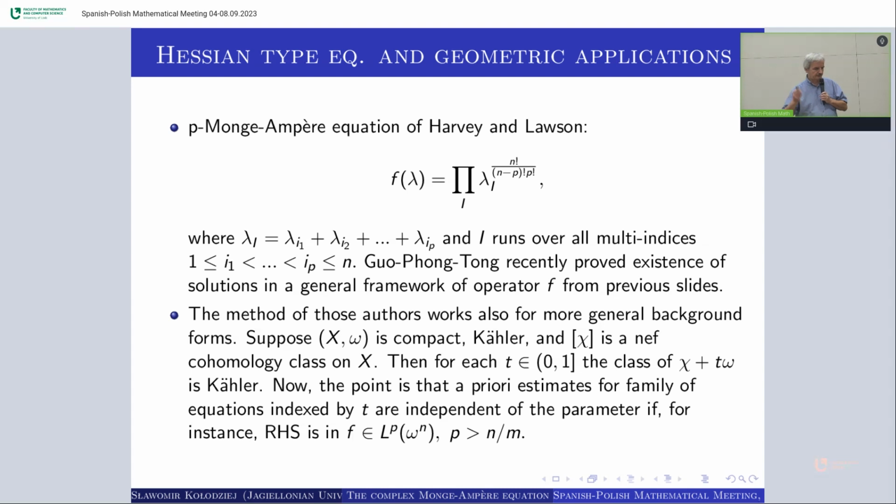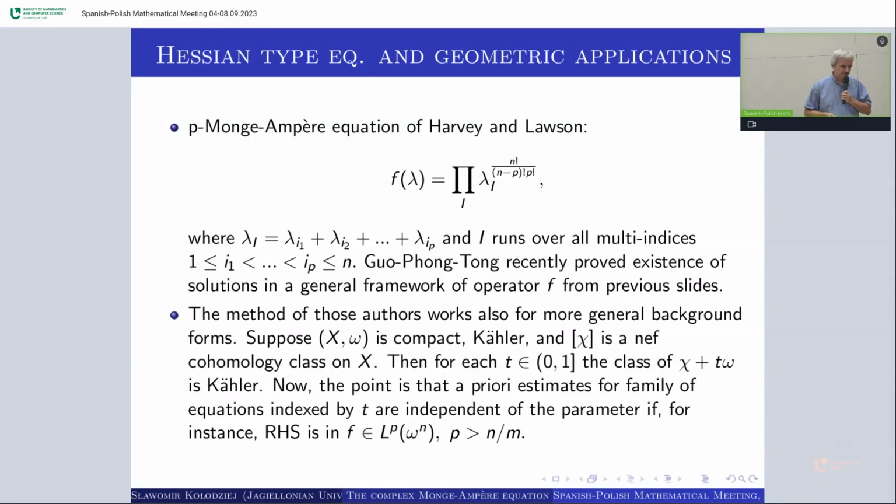One can, as I said before, also generalize the background metric. Instead of having something positive, you can consider something semi-positive, which, for instance, in geometry appears when you have, say, the Kähler-Ricci flow. In the limit, if this limit exists, the Kähler metric degenerates, and you get something which is only semi-positive, for instance as here on the slide.